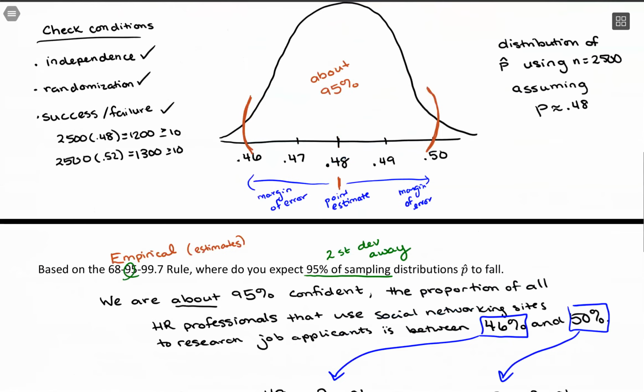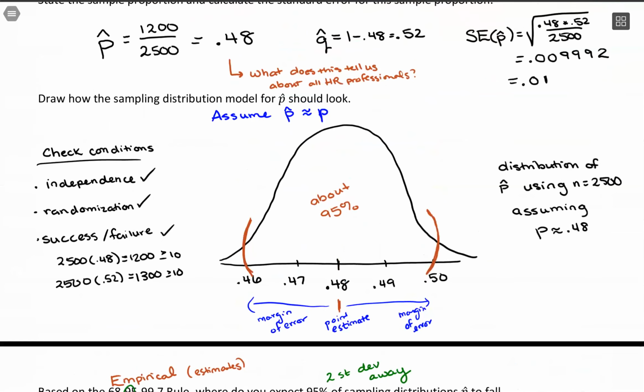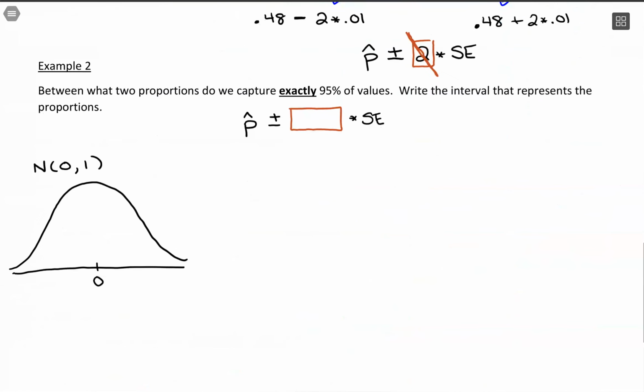So I'm basically recreating what we did here when we drew the sampling distribution, but I was getting about 95%. Now I want those cutoff values to land at exactly 95% in between. So I'll have some lower bound and some upper bound, roughly symmetric, and I want exactly 0.95 in between.